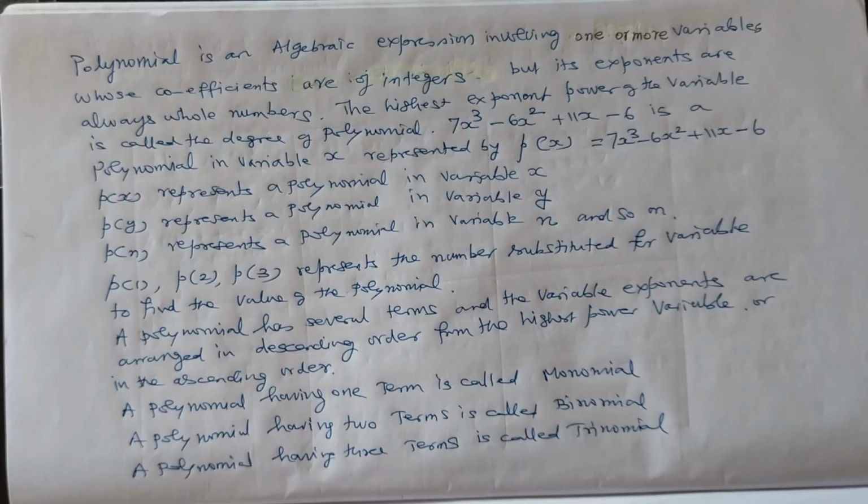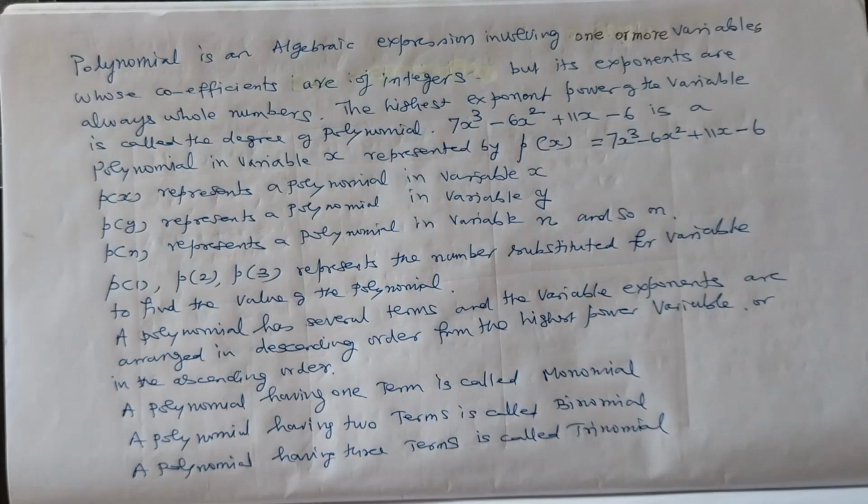In the first slide here, we are concerned with the fundamentals. Polynomial is an algebraic expression involving one or more variables, as I said in the beginning, whose coefficients are integers, but its exponents are always whole numbers. A polynomial having one term is called monomial, having two terms is called binomial, having three terms is called trinomial.